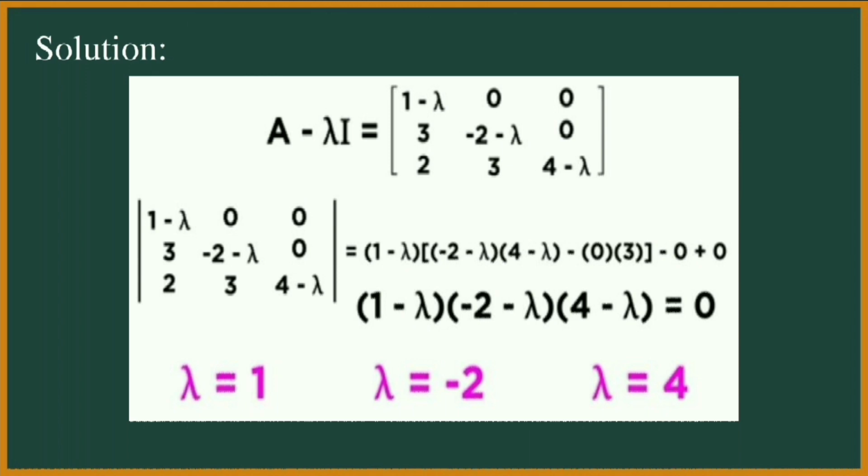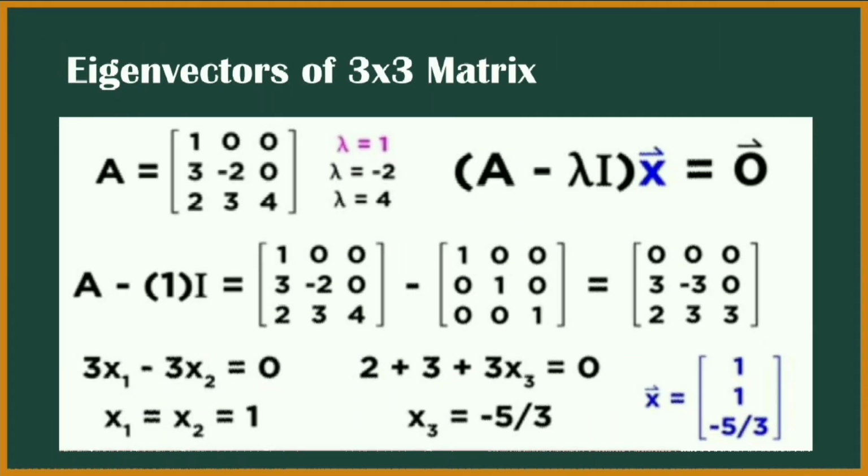So we have 1 minus lambda times negative 2 minus lambda times 4 minus lambda equals 0. So our eigenvalues are 1, negative 2, and 4.